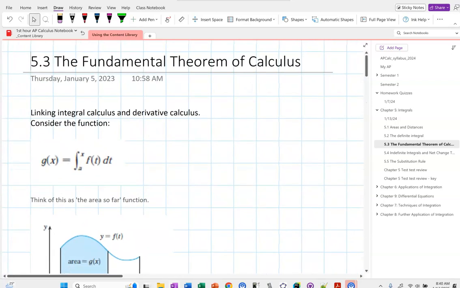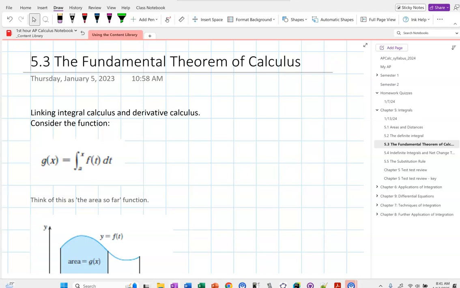So, for section 5.3, we're going to start by defining a very special function. This function links what we were doing in derivative calculus to these ideas that we've been developing now in integral calculus.